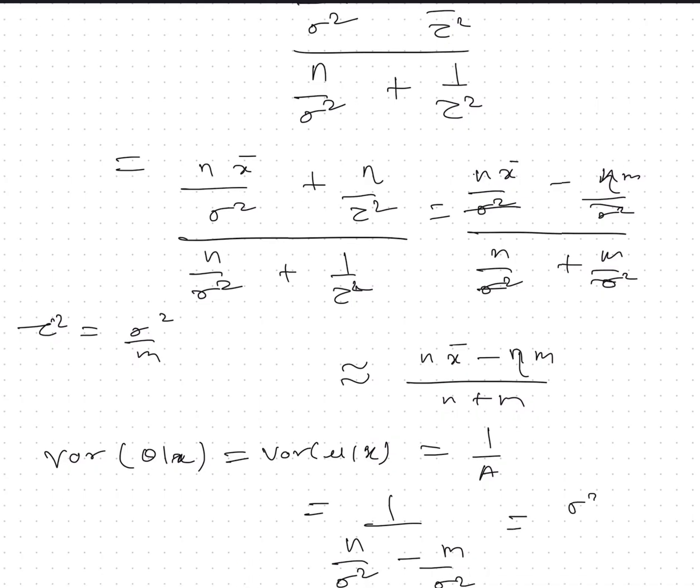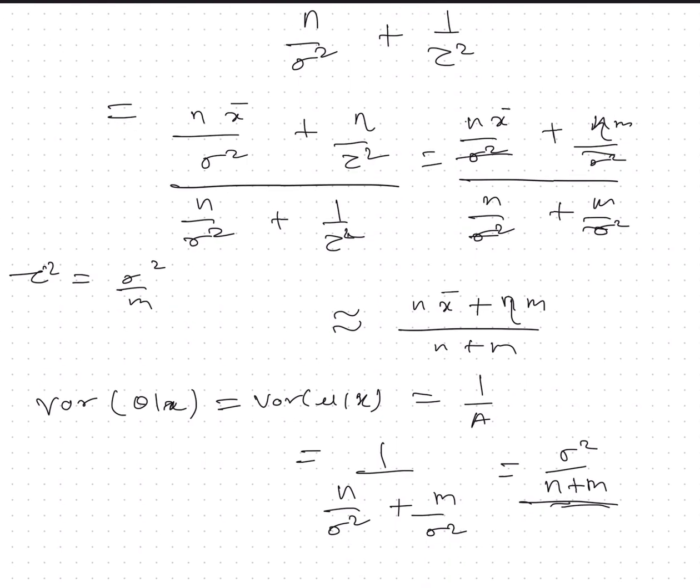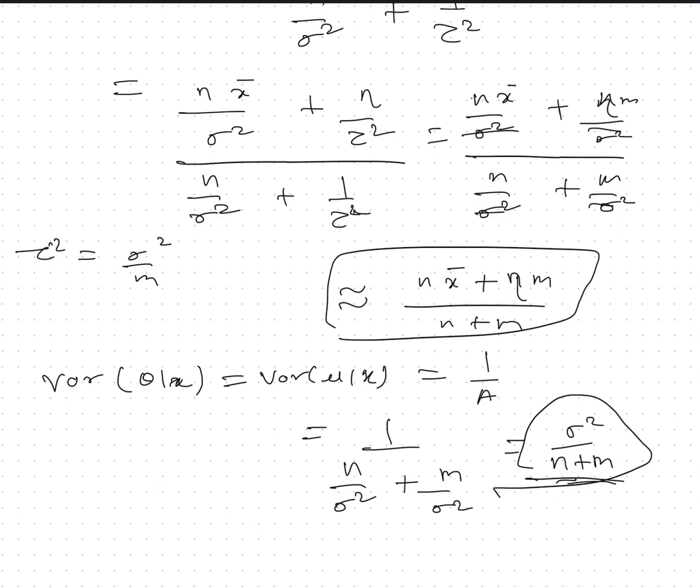So now we have sigma square upon n plus m. So that is our variance. There is no minus here, it will be a plus, sorry for the mistake, but this will be our mean and this is our variance. So this is how we have calculated the mean and variance for our posterior distribution.